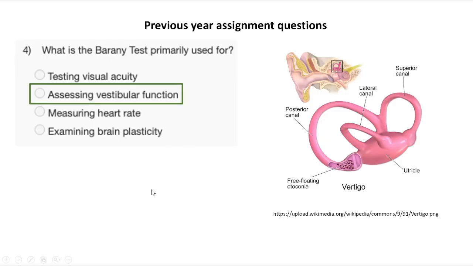Yeah, so next question. What is the Barany test primarily used for? So the Barany test was developed by Robert Barany. Robert Barany was of Austro-Hungarian origin, and he came up with this test to check whether the vestibular system is fine.